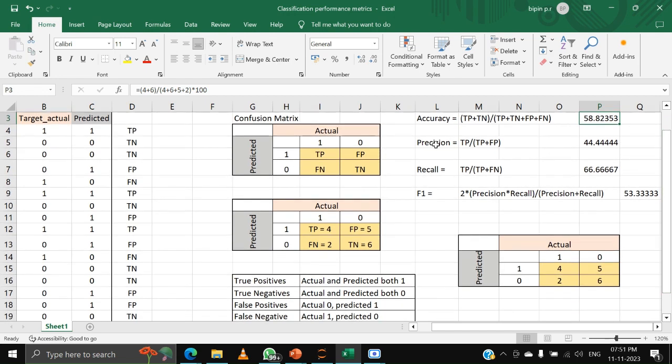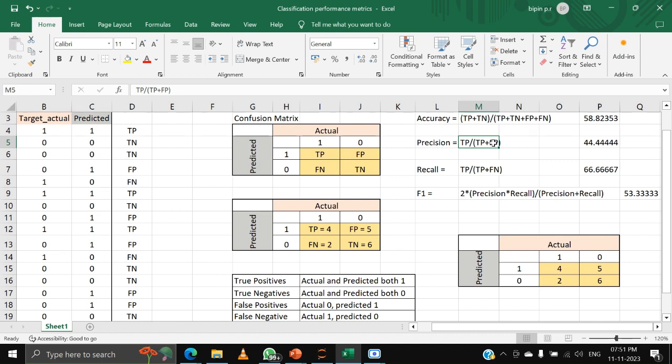Okay. Now next one is precision. Precision means TP divided by TP plus FP. Now, what is this TP? True positives. How many are true positives out of the positively classified outputs? Positively classified means it can be true or false. So TP divided by the total number of positively classified outputs, TP plus FP.